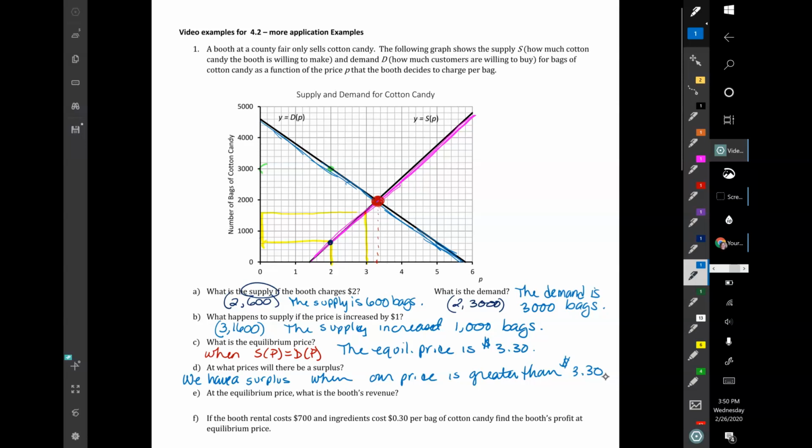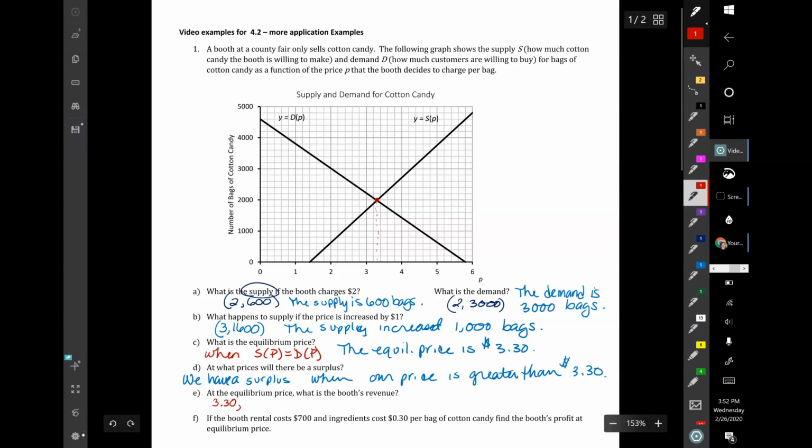Letter E, at the equilibrium price, what is the booth's revenue? So how much money do they take in when we have the equilibrium price happening? So for this one, we have to just do a little bit of math. We know that our equilibrium price is going to be $3.30.